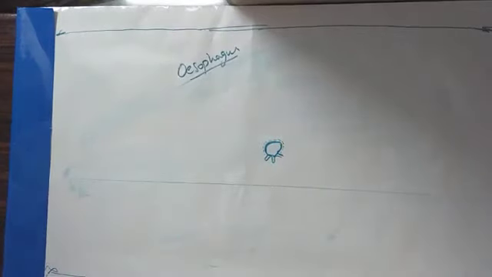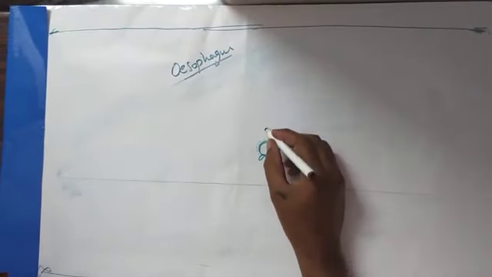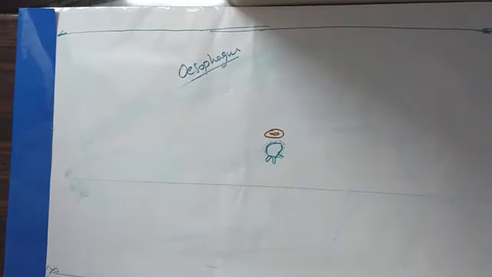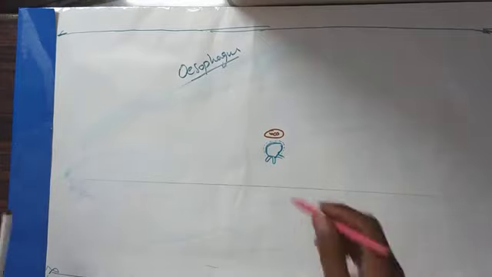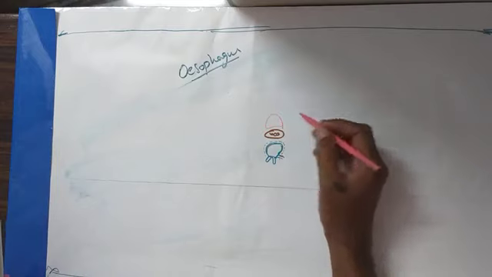Pre-vertebral fascia, right? Then still anterior to that, this is your esophagus. Anterior to esophagus, there is our trachea.